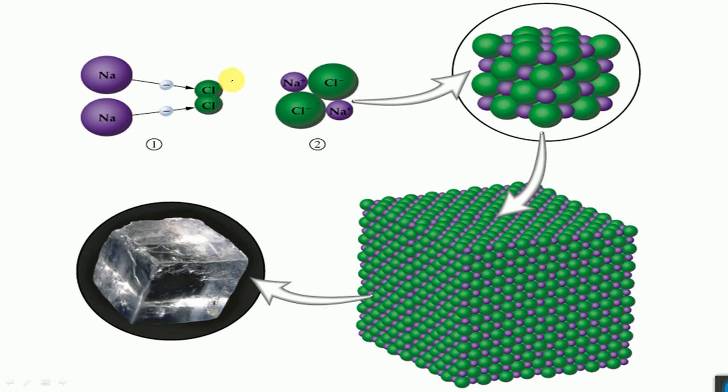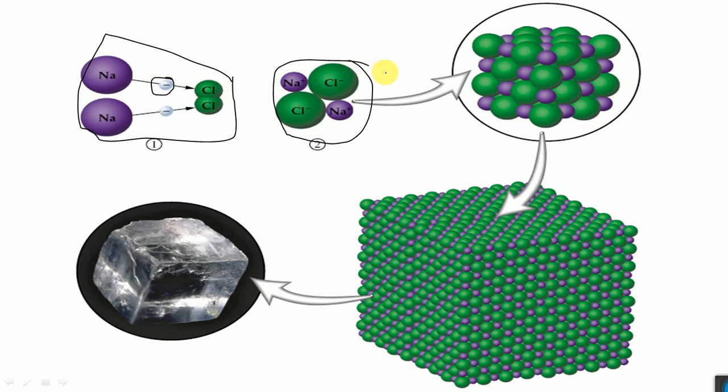Now, this is how Na and Cl form a bond with the mutual sharing of an electron. Here, this is a part of a complete crystal structure. This is a crystal of common salt, NaCl.